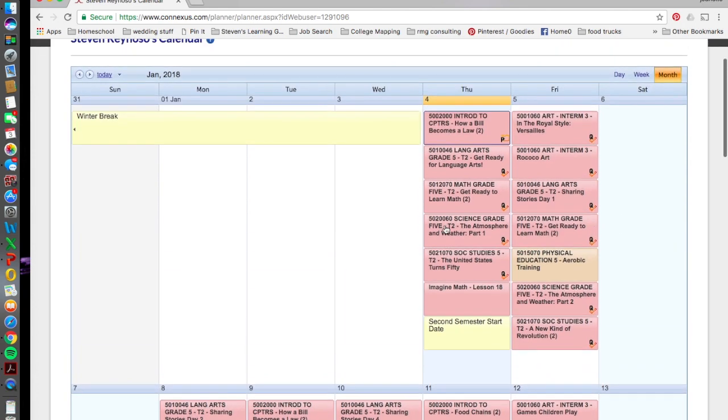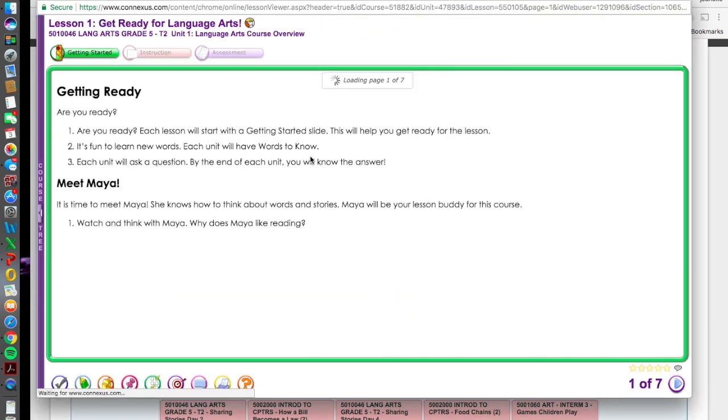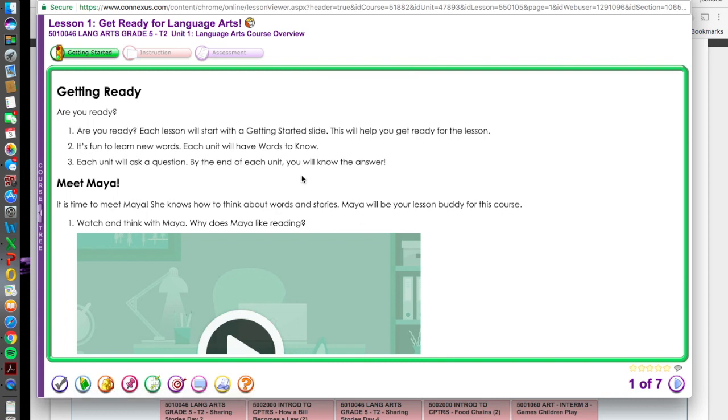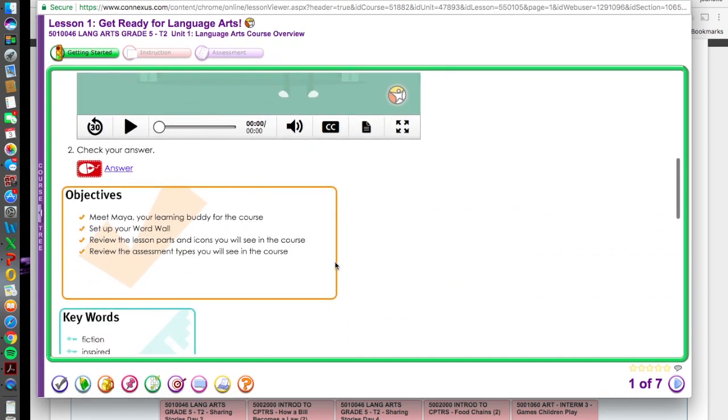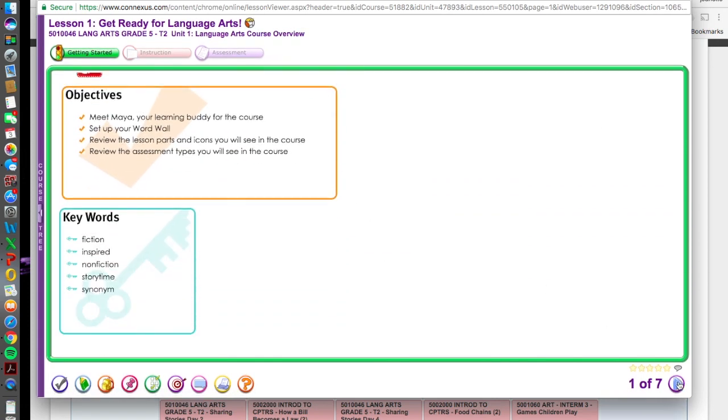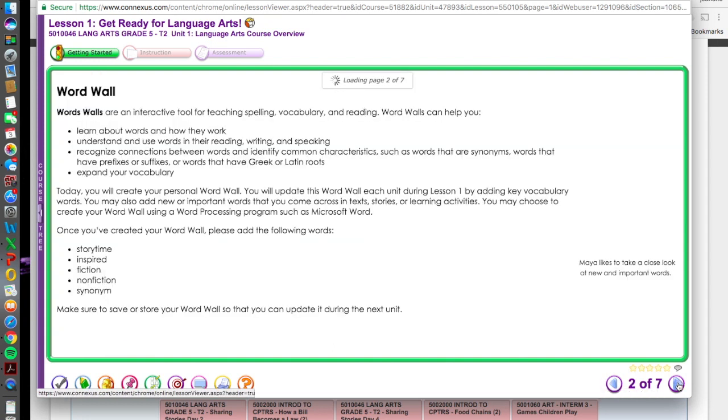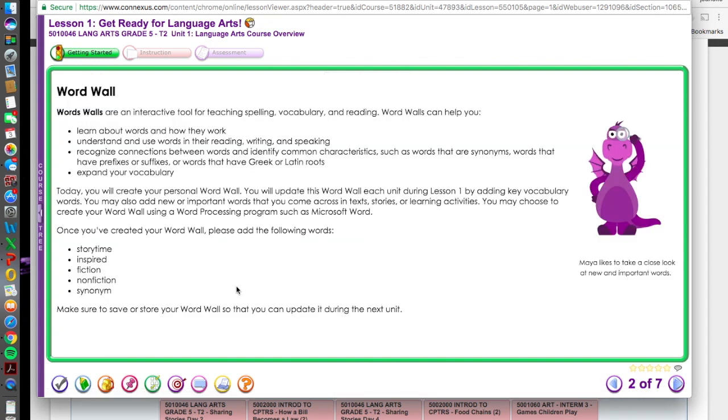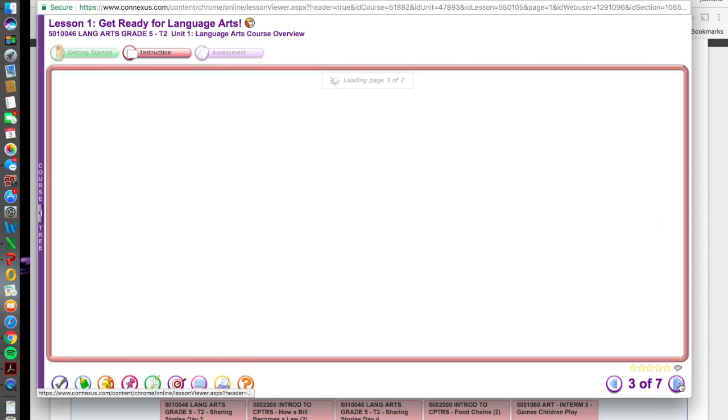Now, let's see. I'm going to skip these lessons because you see how it says getting ready for language arts. Although if you are new, it would be really good to take a look at this because it's going to break down all the important parts of the lesson, talking about all the different things and what a word wall is and those sorts of things.